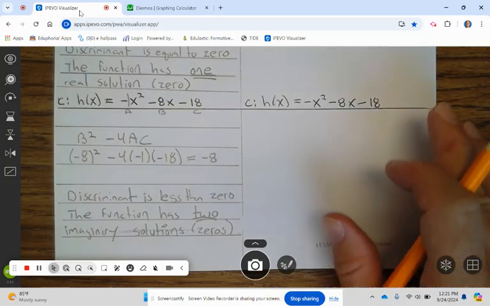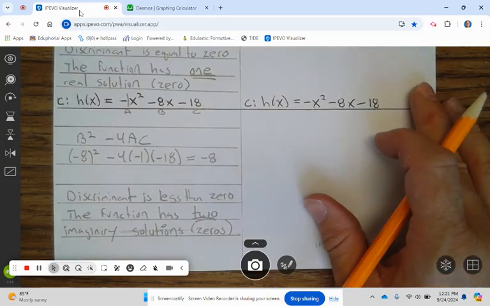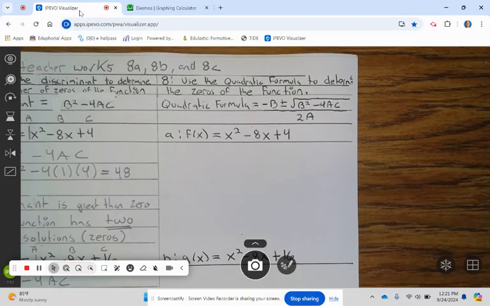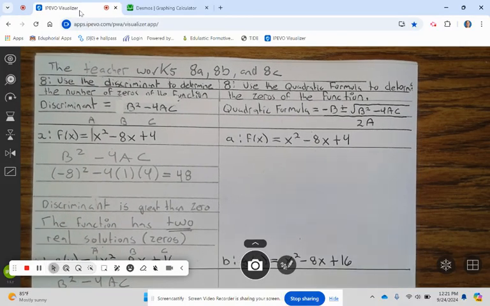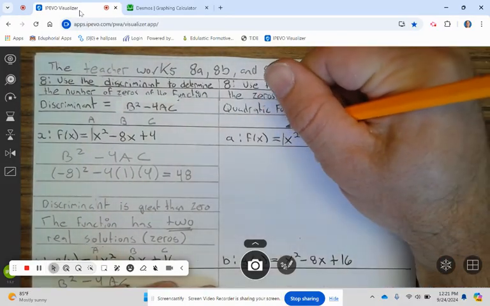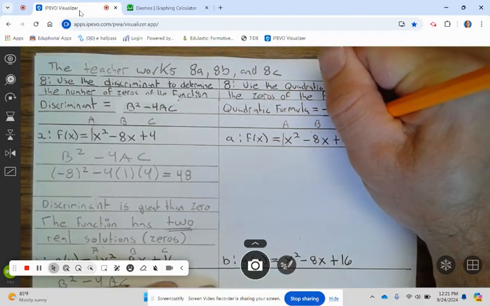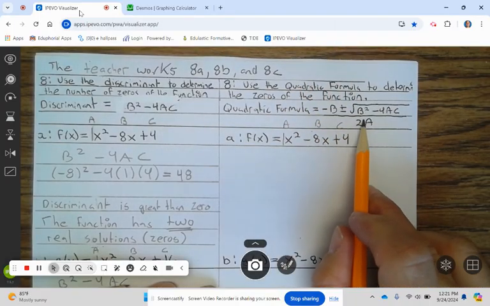Let's go ahead and take a look at now. Let's find the solutions, okay? So, again, this is A, this is B, this is C. We plug these into this formula right here.